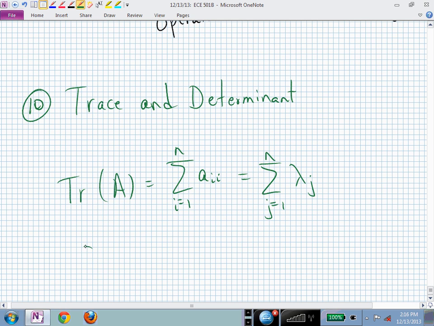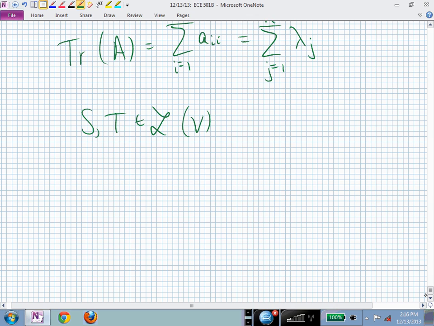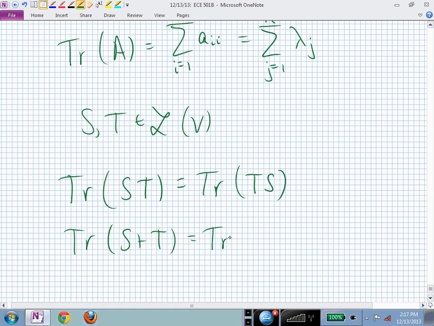And if S and T are compatible, and they are square since they're both operators on the same vector space V, then the trace of ST is equal to the trace of TS, and the trace of their sum is equal to the sum of their traces.